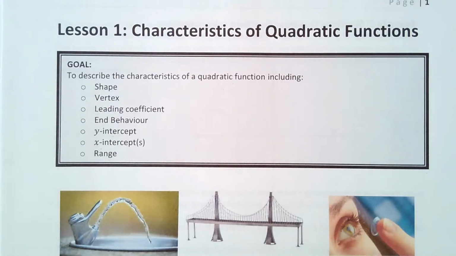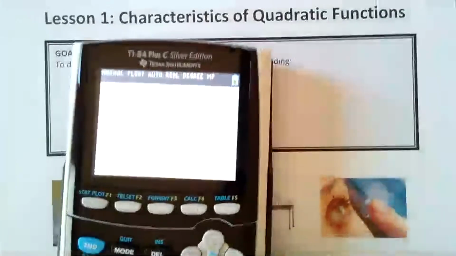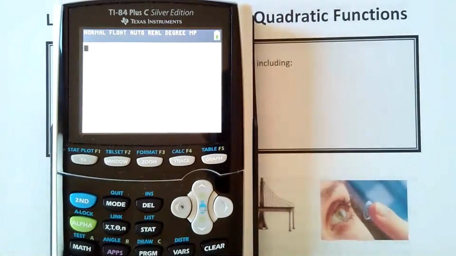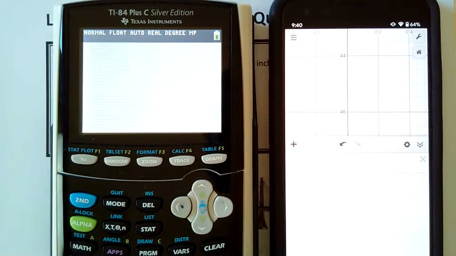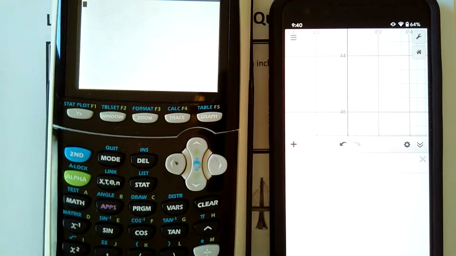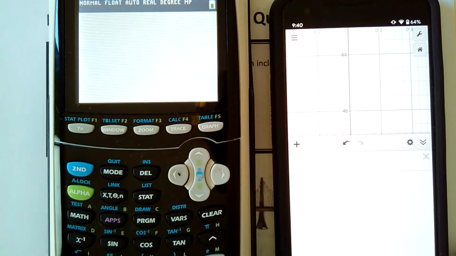Now, for these lessons, you will need your graphing calculator, or if you're using Desmos, so either one of these you will need. So your graphing calculator or Desmos.